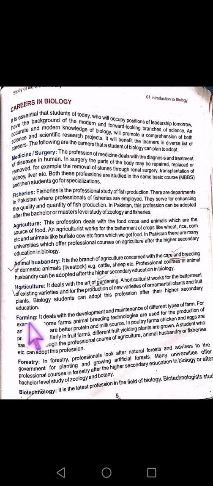Then comes farming. You can breed hens, chickens, and you can produce poultry sources of meat, eggs, and everything. Then comes forestry. Forestry is also a good profession. In this profession, we have to look after the natural resources, that is the forest, and plan and grow artificial forests for the betterment of our country.